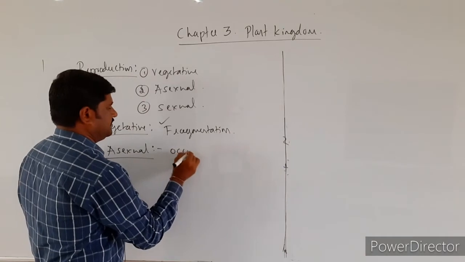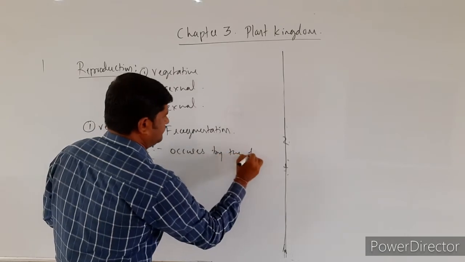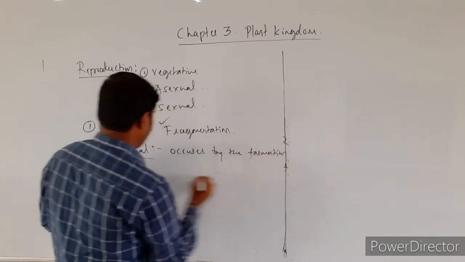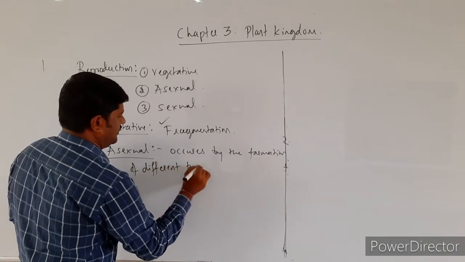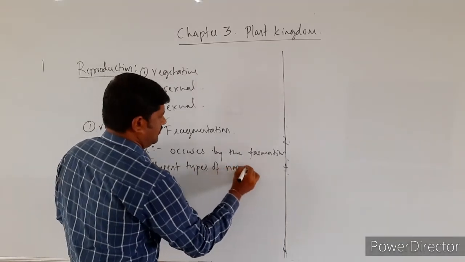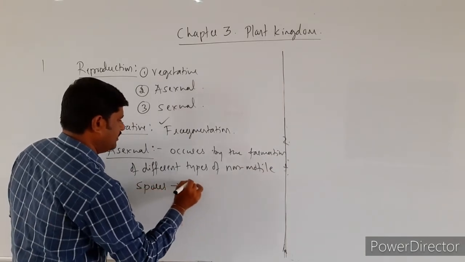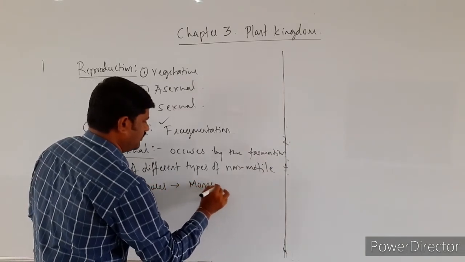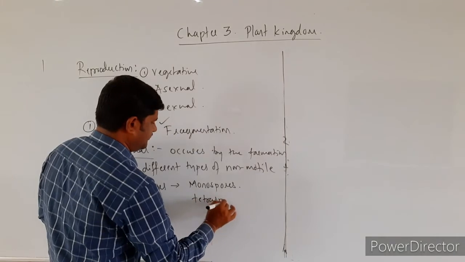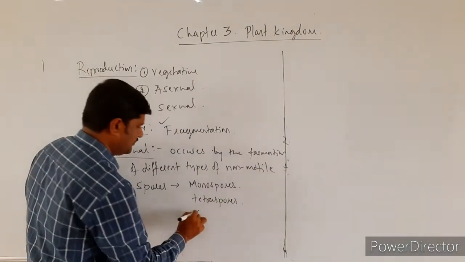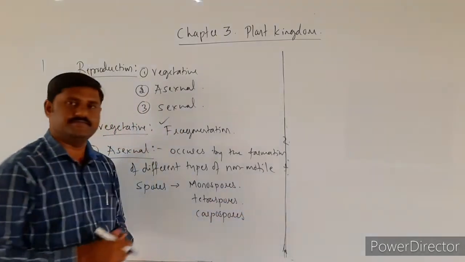So it occurs by the formation of different types of non-motile spores, and such kind of spores, monospores, we can mention, tetraspores are also there, carpospores are also here, right?